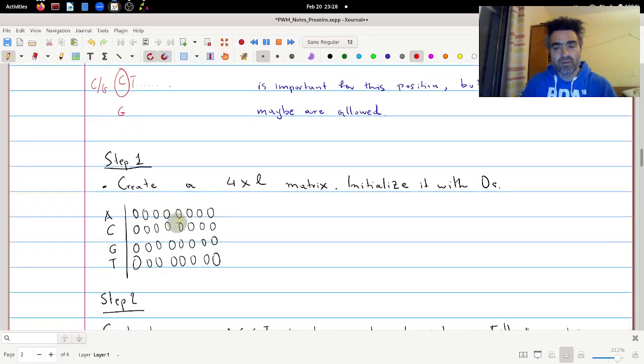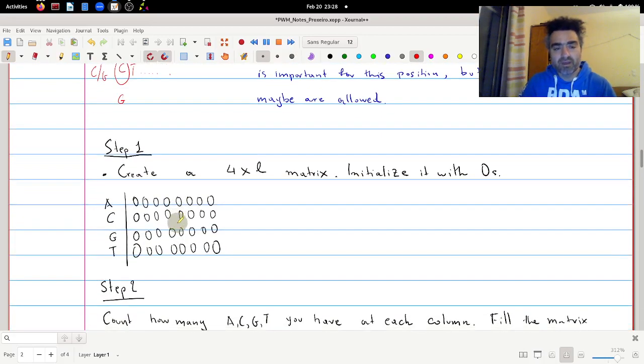What we are doing, I will describe the algorithm here and then we can discuss it. The first step is to create a 4 by L matrix, so a matrix with 4 rows and L columns. Remember that L is the length of each DNA sequence that a protein can bind to.